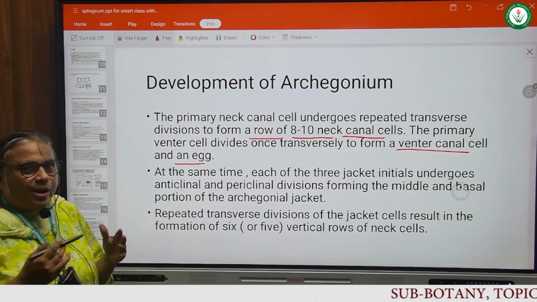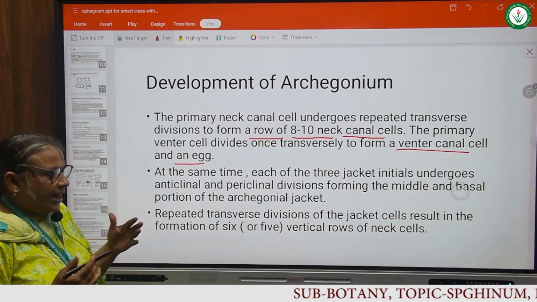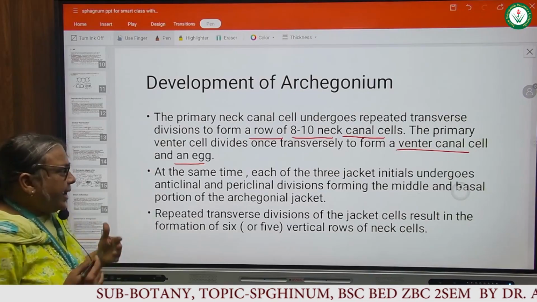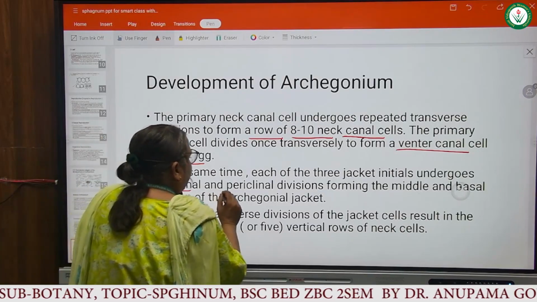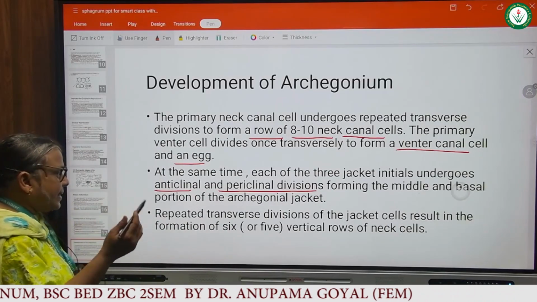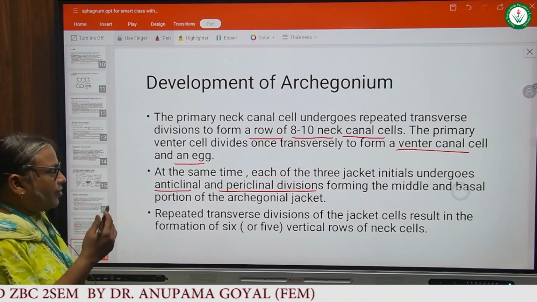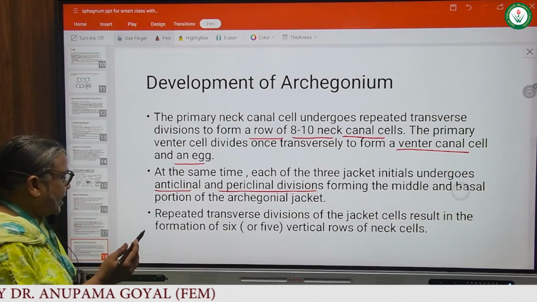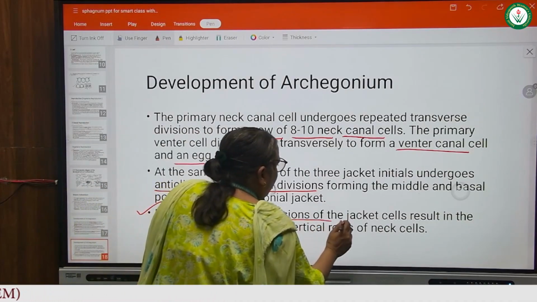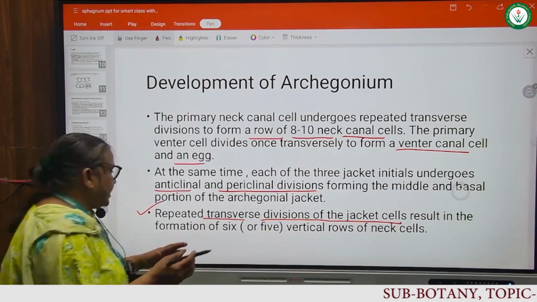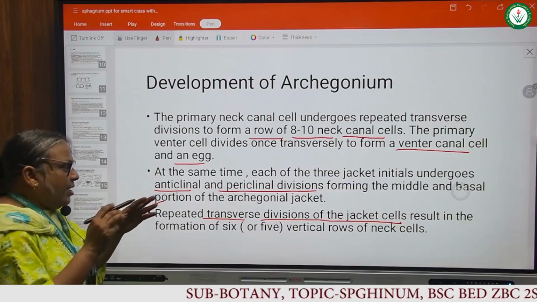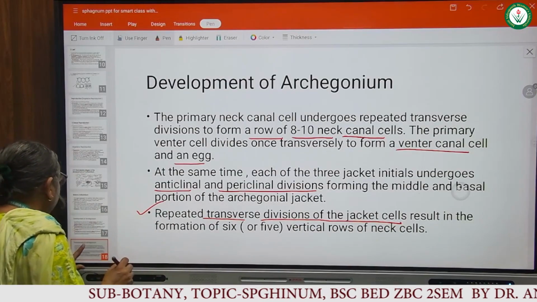At the same time, each of the 3 jacket initials undergoes anticlinal and periclinal divisions, forming the middle and basal portion of the archegonial jacket. Now repeated transverse divisions of the jacket cells result in the formation of 6 or 5 vertical rows of neck cells.